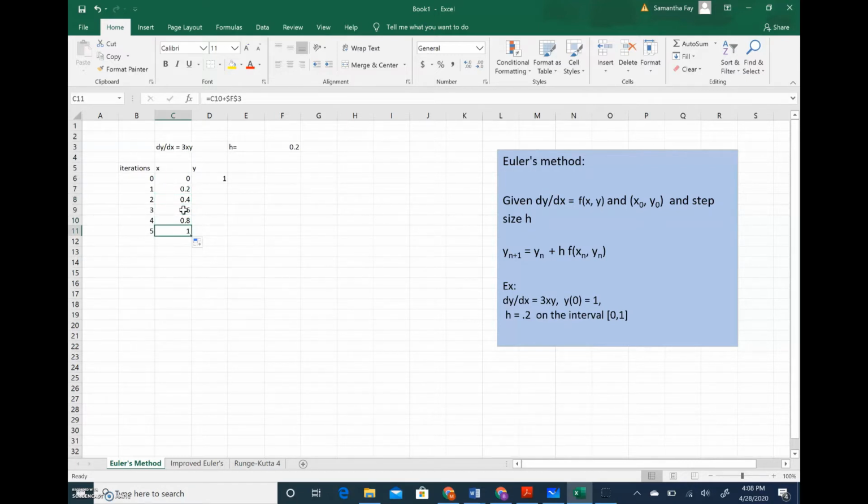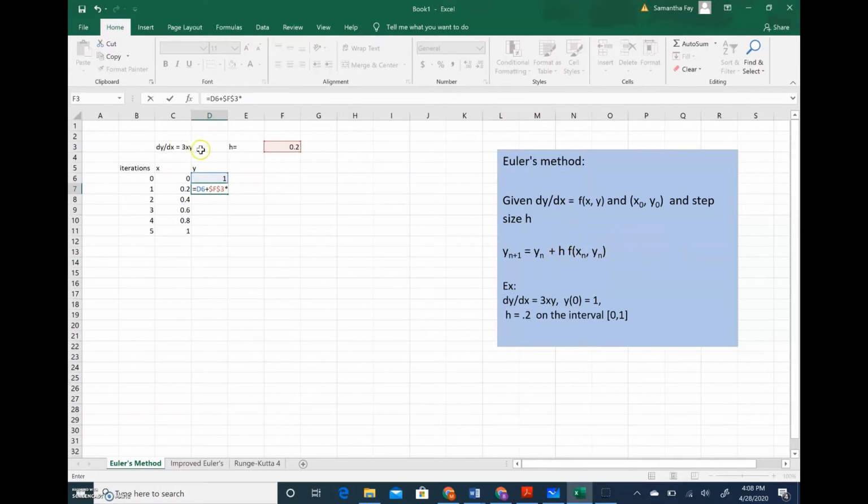Okay, now let's go for y. Now we've got to use those formulas. Remember, we have to do an equal sign to say we have a calculation. To get my next y value, I want my previous y value plus my step, but I don't want that to change, so F4, times my derivative.